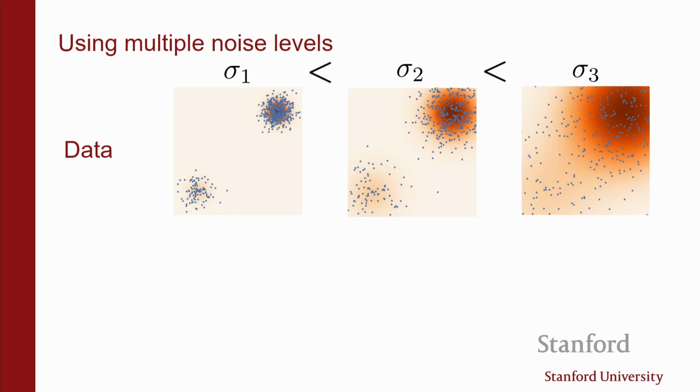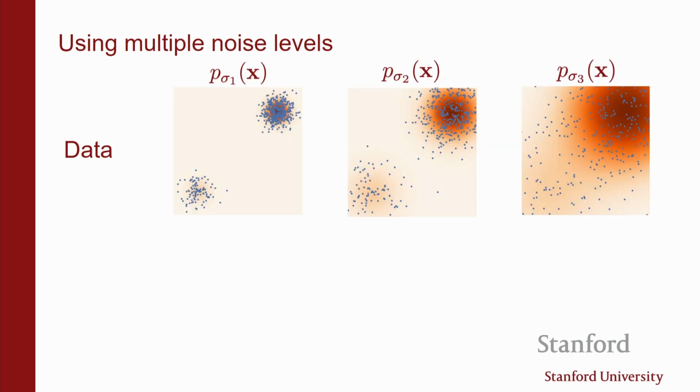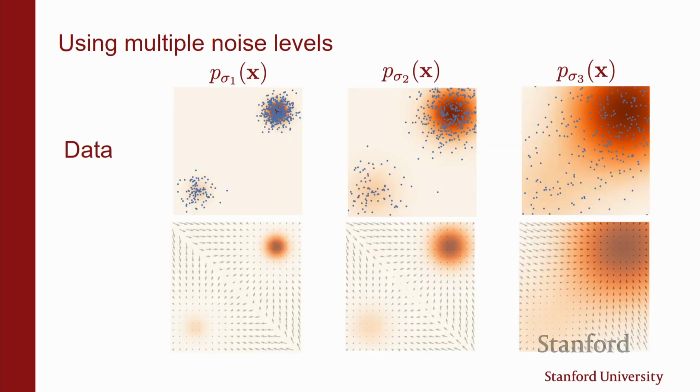So there are going to be different noise levels. For every noise level, there's a corresponding data density plus noise, which we denote P sigma 1, and this is the same as the Q sigma that we had at the beginning. You can think of it as data becoming increasingly corrupted as you go from left to right. For each noise level, there's a corresponding score model.